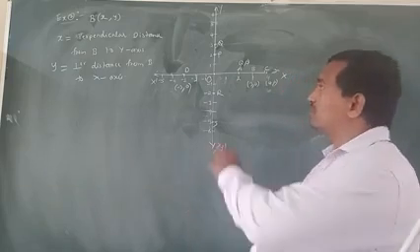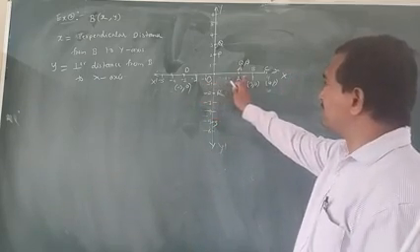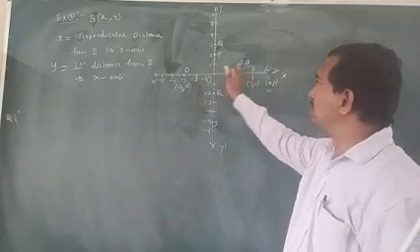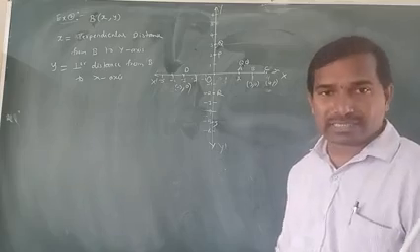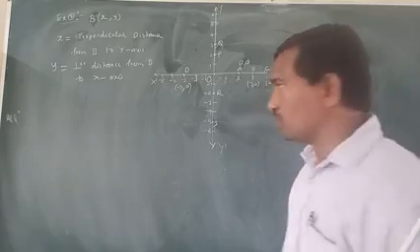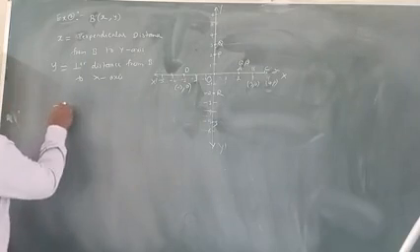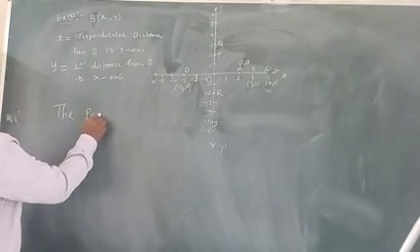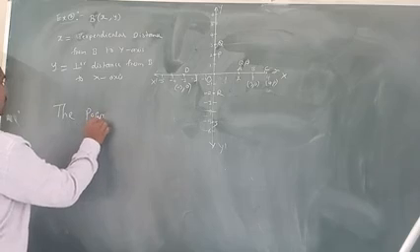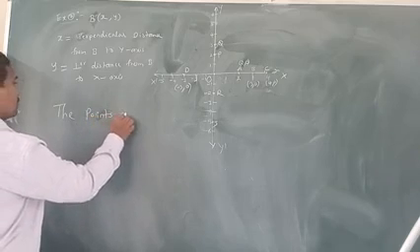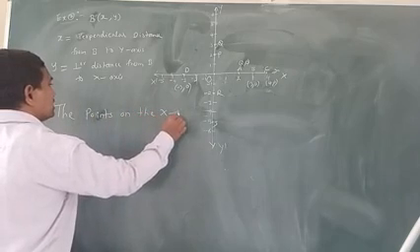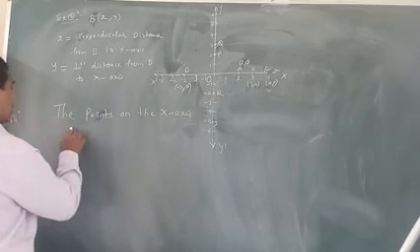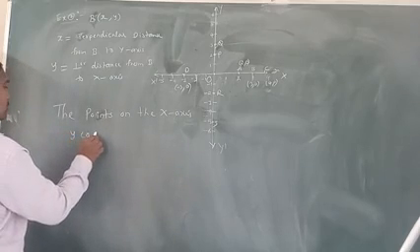So if you observe the points on the x-axis, see the y coordinate. For any point on the x-axis, the y coordinate is 0.